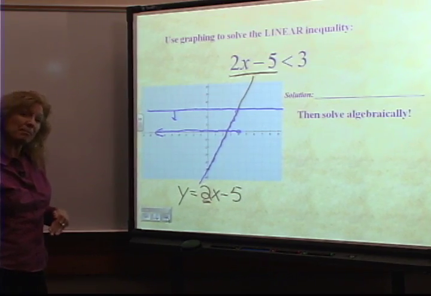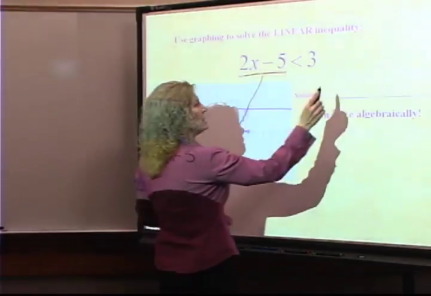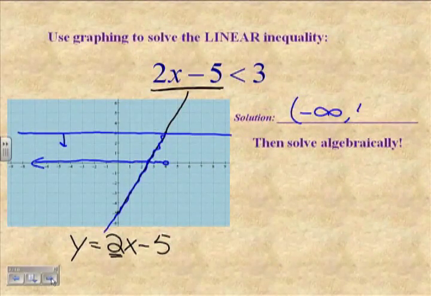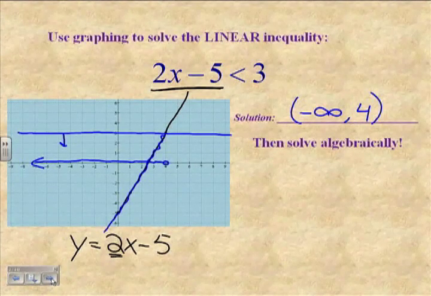So it appears that my solution is going to be, in interval notation, from -infinity up to 4. And it's going to be open on the 4 because we can't equal 3, we have to stay less than 3.